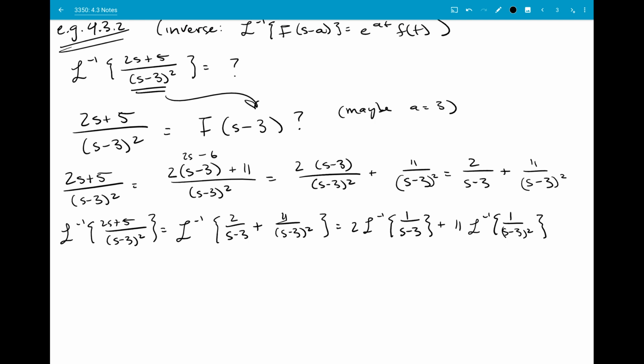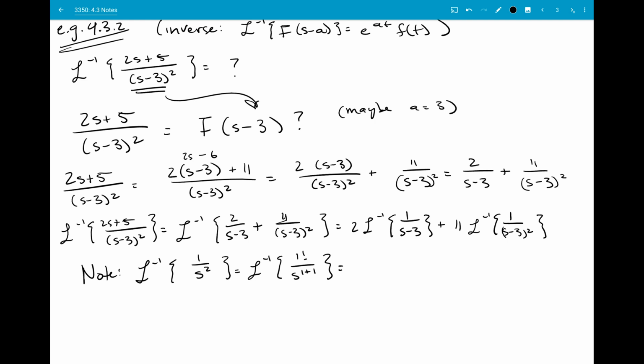And this is where our new property comes in. So if we note, there's a squared down here. So L inverse of 1 over s squared would just be L inverse of 1 factorial over s to the 1 plus 1.